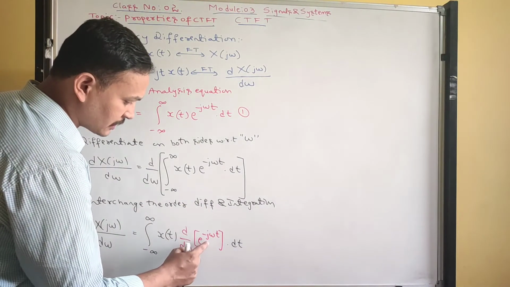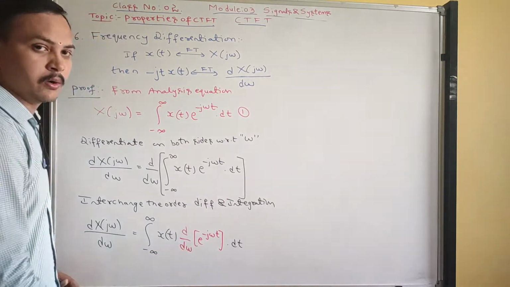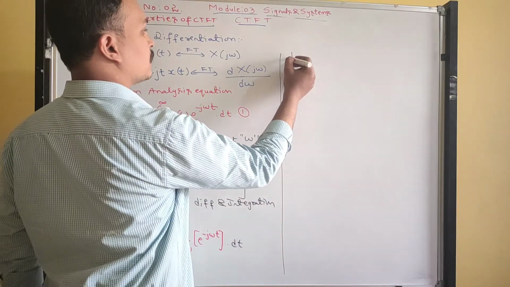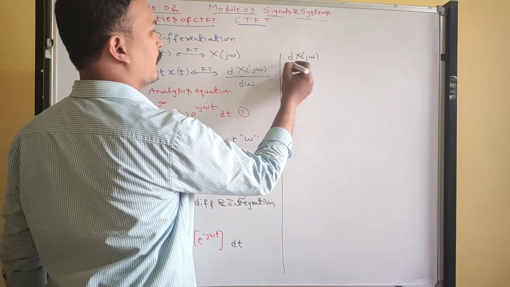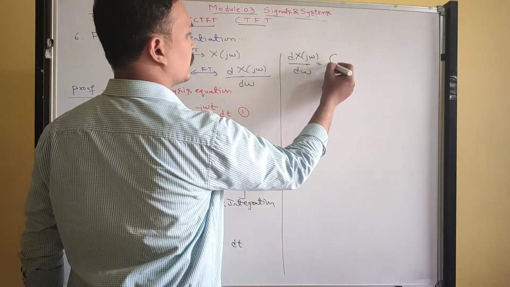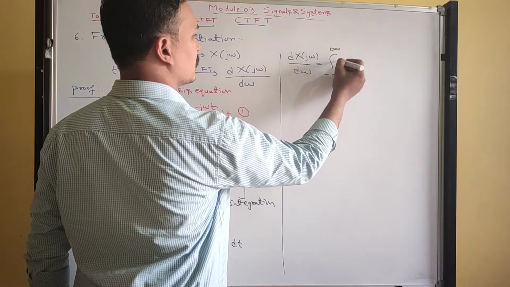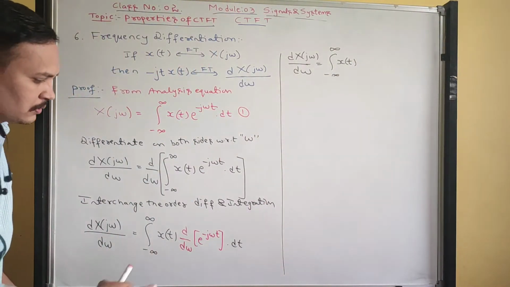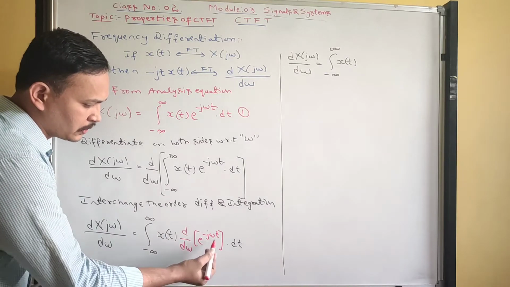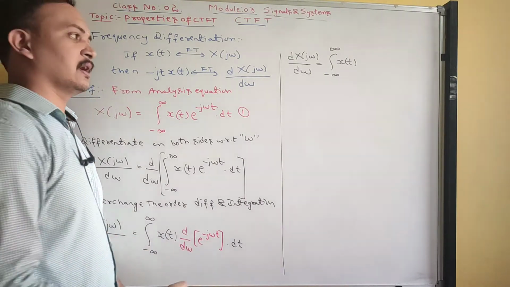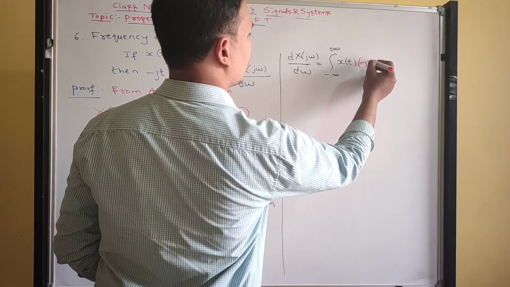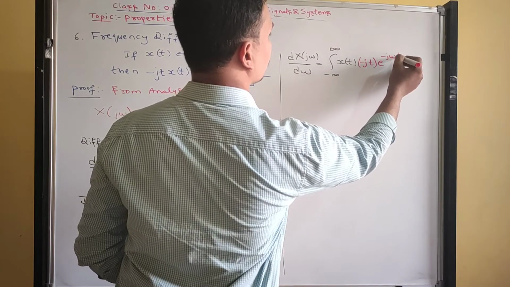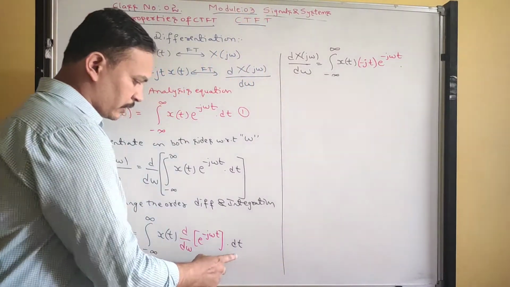Now this exponential term I should differentiate with respect to omega. Differentiating it with respect to omega, what you will get? Minus jt. So dx of j omega by d omega is equal to the integral of x of t into minus jt into e to the power of minus j omega t into dt.